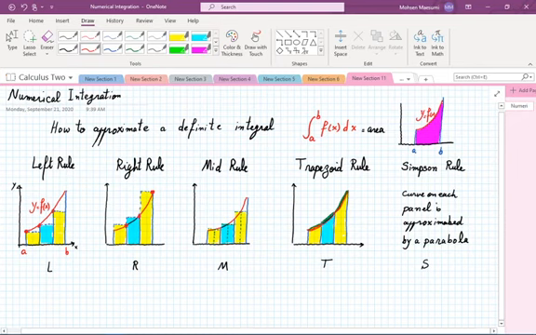And this is now referred to as the right rule, simply because this is at the right end of each of these panels. So in this case, we are overestimating, for obvious reason. We are going above the picture of the function, and therefore the area of the rectangle I'm calculating here is more than the actual area I want.